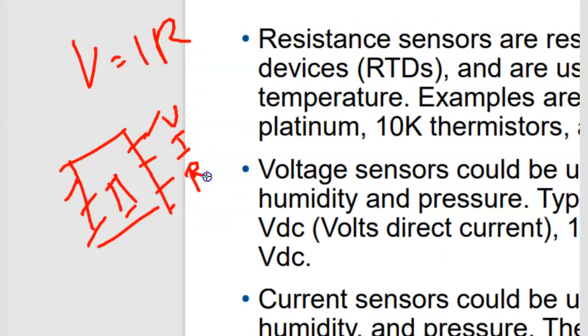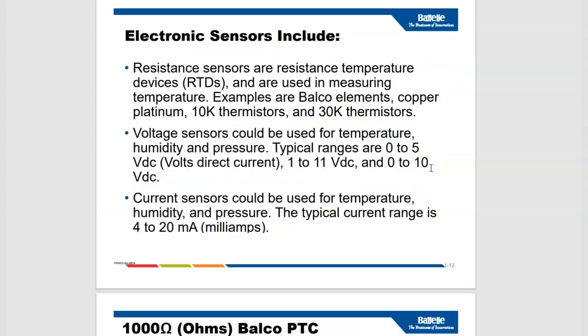So by having these three types of input, we have resistance, voltage, and also a current sensor. Either one depends on the design, what type they want to use.